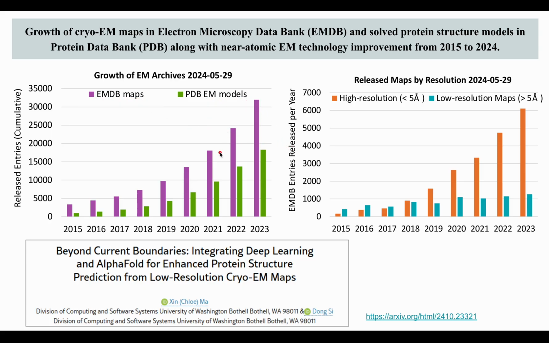So EMDB has more structures than the PDB EM models. And if we talk about resolution, it has also improved in these years. High resolution means less than 5 angstrom and low resolution maps are greater than 5 angstrom. Till these orange bars, that means resolution has improved from 2015 to 2023.